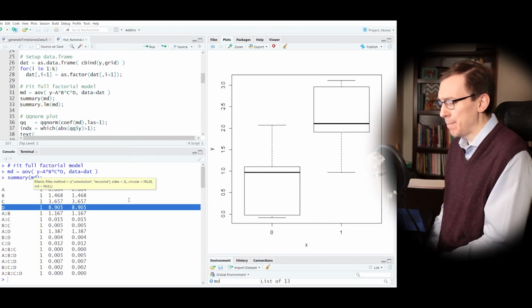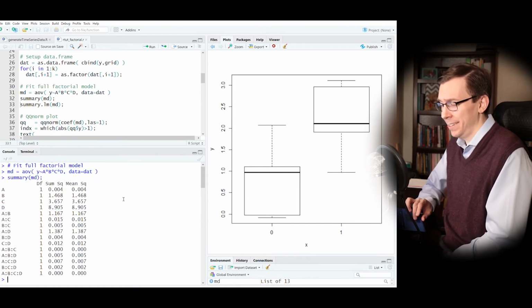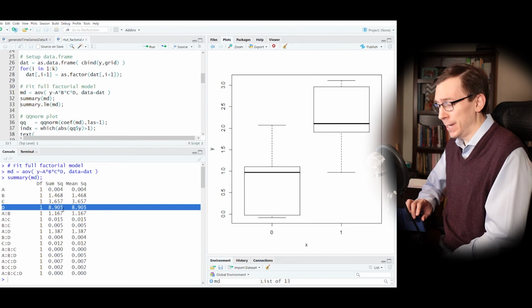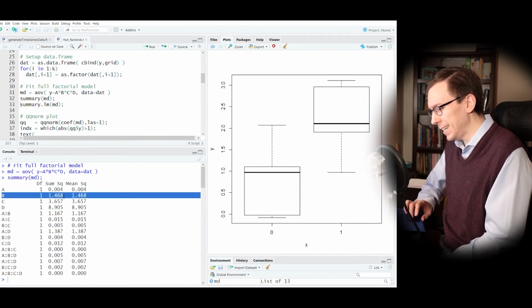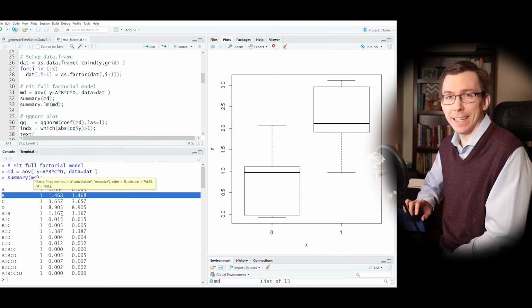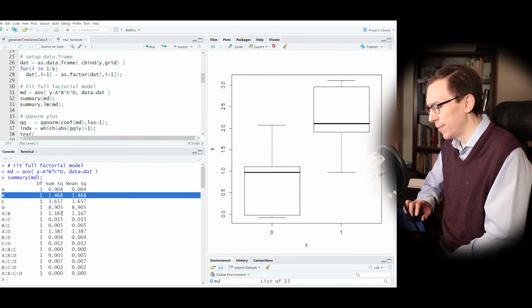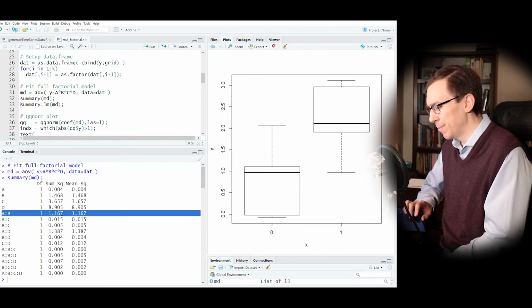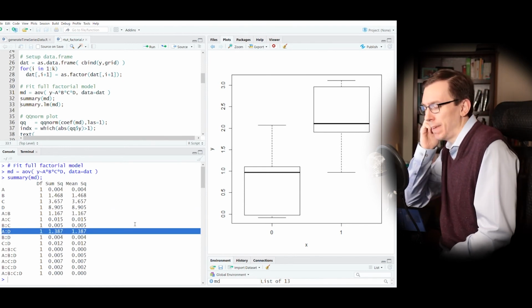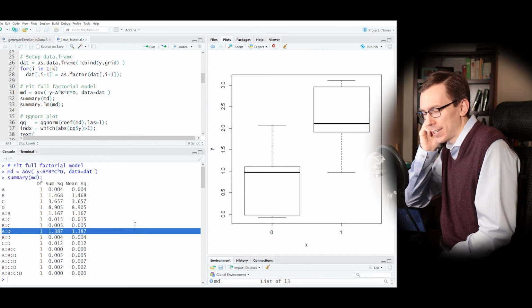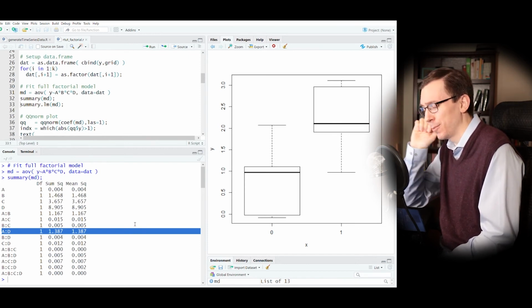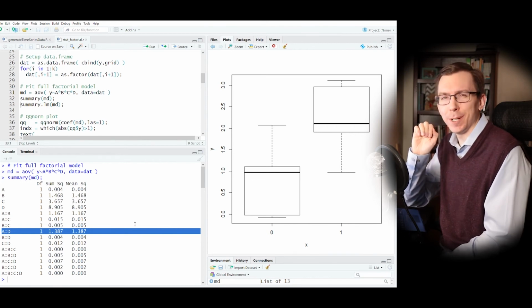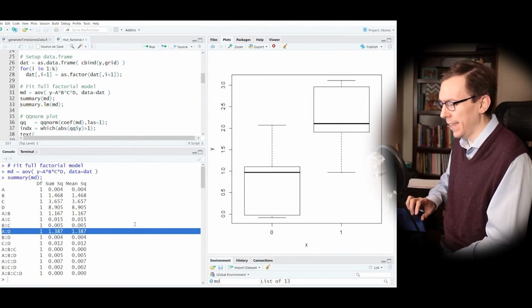So it makes us think that D looks to be a lot bigger than the rest, and so does C. B is kind of big, even though we know that would actually be a false positive. But A, B, and AD are also maybe significant here. It's hard to tell. The rest of them have extremely small sums of squares, so we're pretty sure there's nothing interesting going on there.